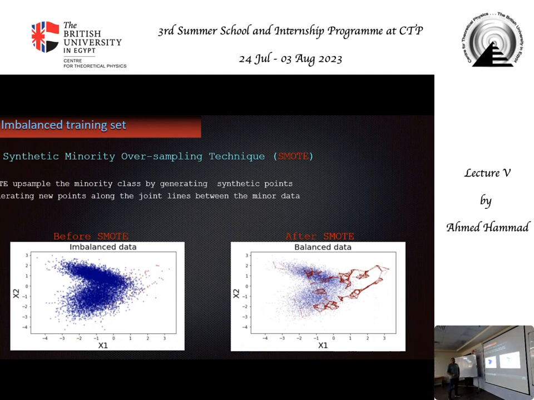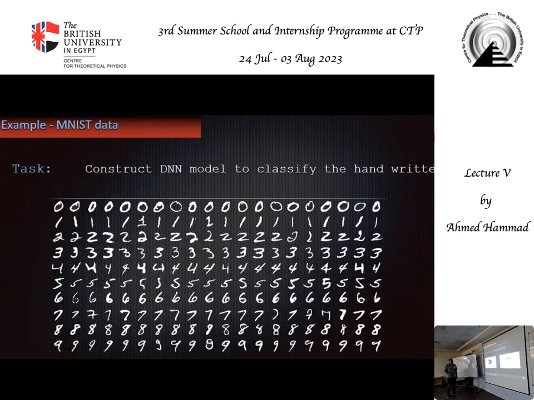The point is that SMOTE takes the data points of the minority class and starts to make lines between the data points, and then it starts randomly generating points on these lines. So as you can see here, you see how many points have been generated, right? So this is the most efficient, common way of dealing with imbalanced data sets.